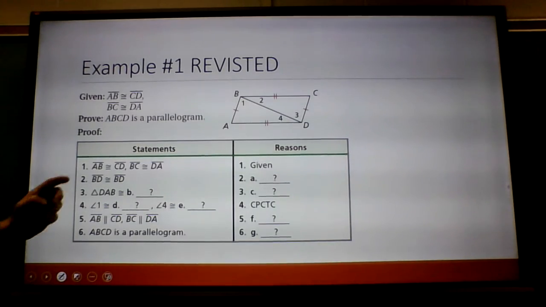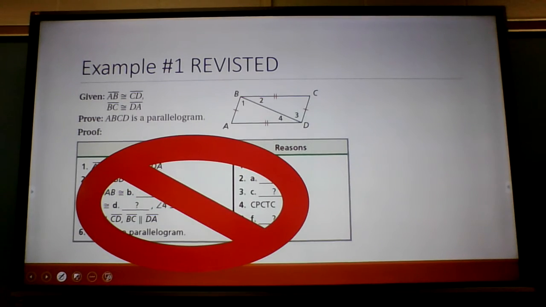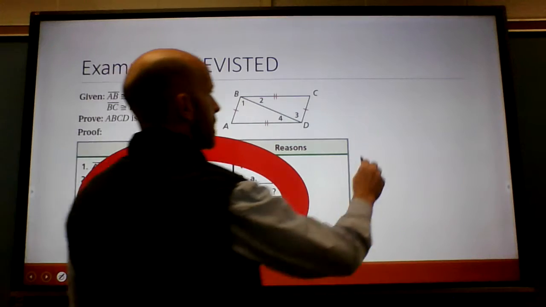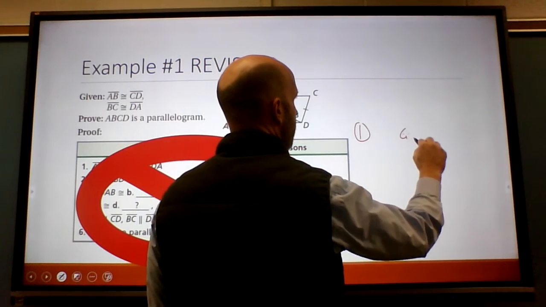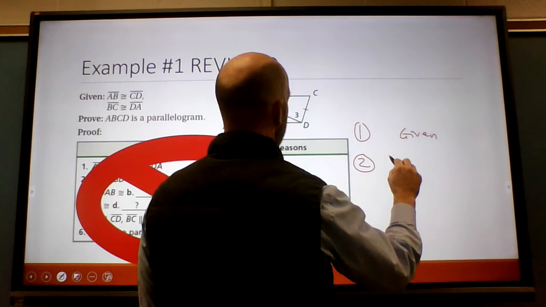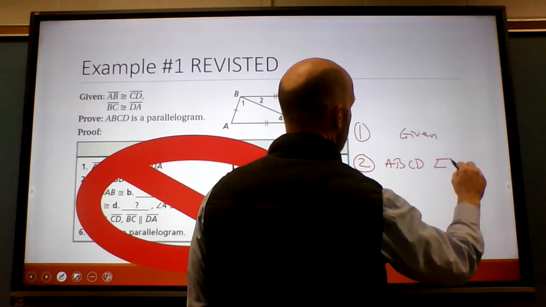In fact, let's go back to this proof again, except now we're going to forget all of that. If we know that this side is congruent to this side and this side is congruent to that side, step 1 is just going to be the given again. And then step 2 is going to be that ABCD is a parallelogram.